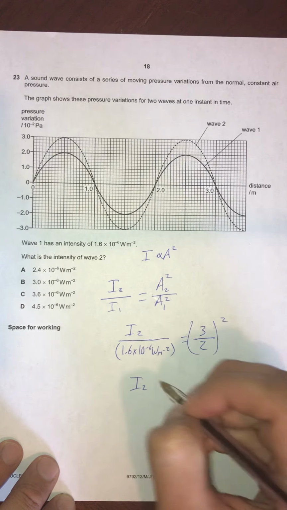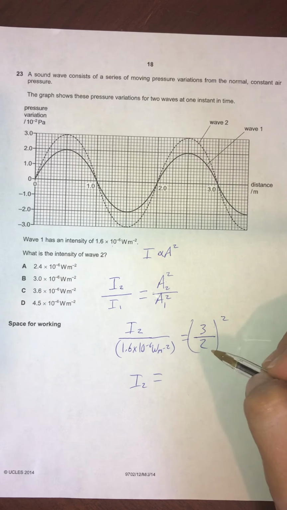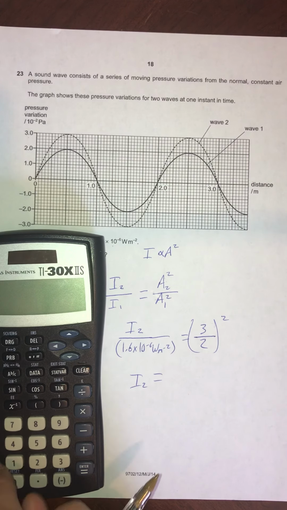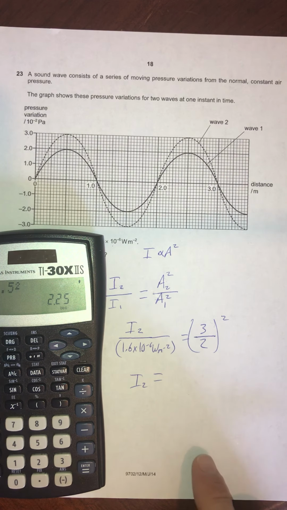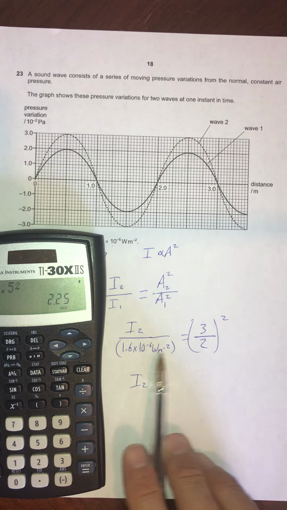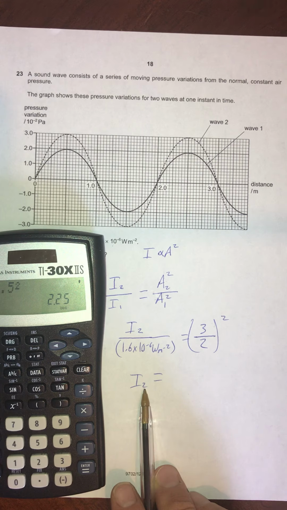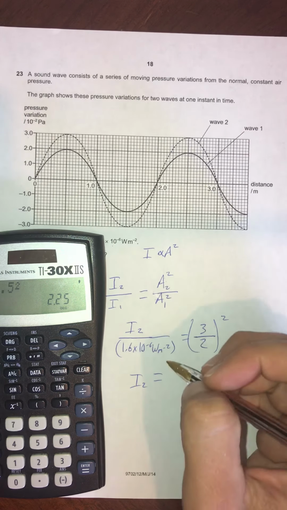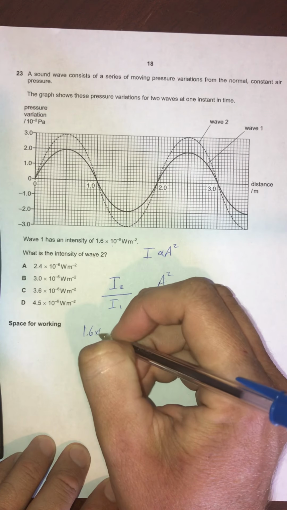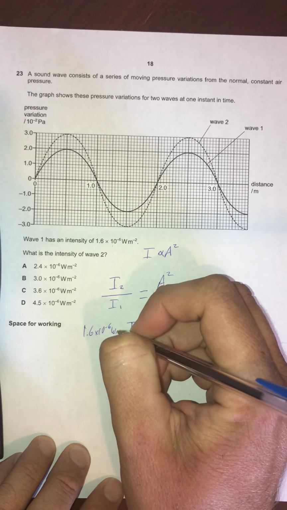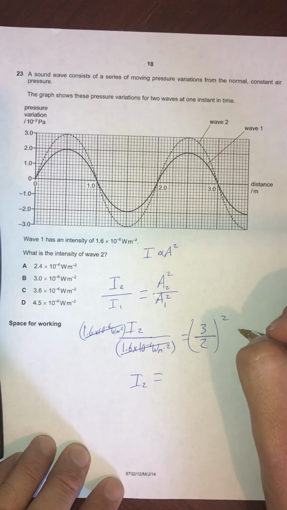Solving for the intensity of wave 2, I've got 3 over 2 is 1.5. 1.5 squared is 2.25, and then multiplying both sides by this value, I've solved for the thing I want to know, the intensity of wave 2. So I'll show all of my working here. Multiply that side.